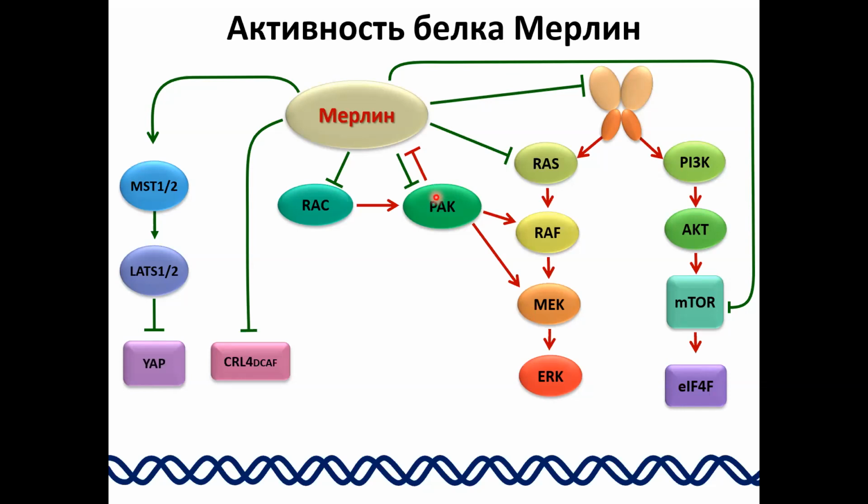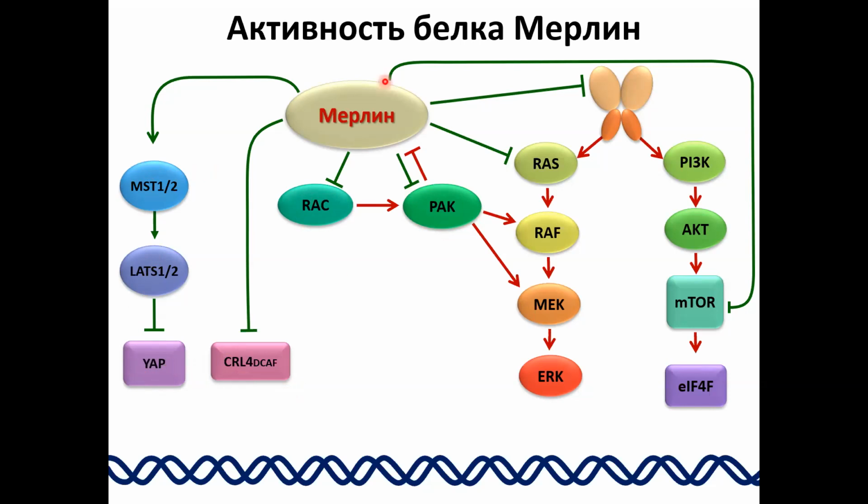Merlin is also an inhibitor of P21 activated kinases, of small GTPases such as RAC, MST kinase, and eventually YAP, and also of the ubiquitin ligase CRL4. That's only the known interactions of Merlin, and we suppose that there are many more.